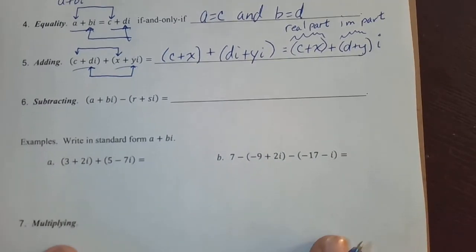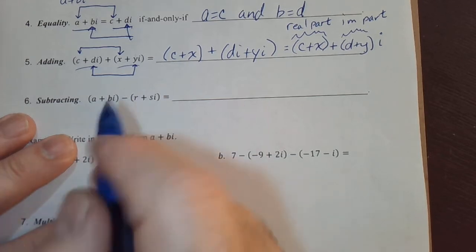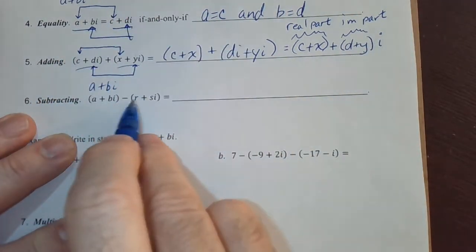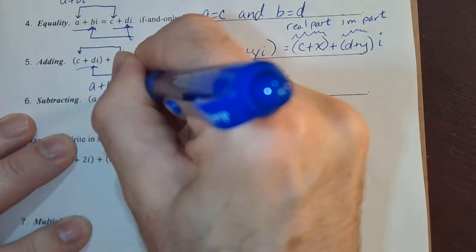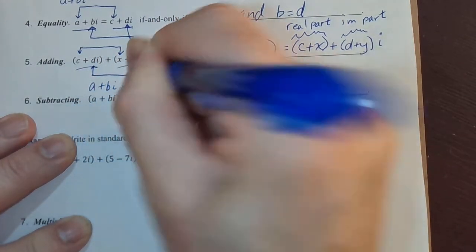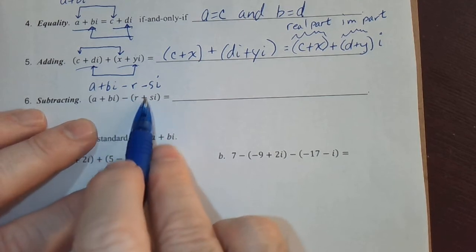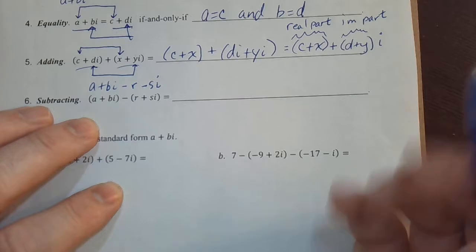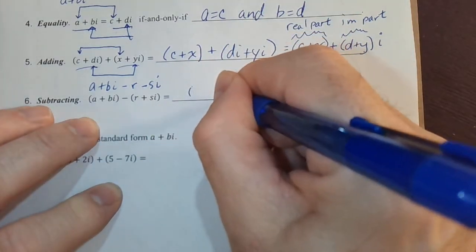And then subtracting, very similar. Maybe right above here, I'm going to write a plus bi minus r plus si, and I'm going to distribute the negative sign. So all I did is distribute the negative sign through to make both of these negative. And now let's regroup it. So what would the real part be?